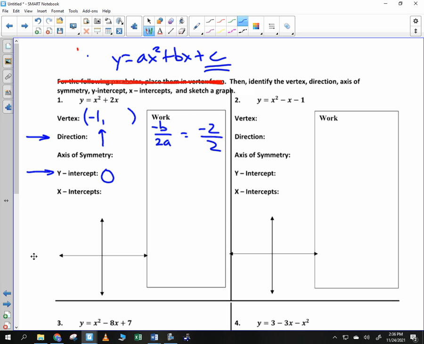So in order to get the y value, I take the x value and I plug it in. Negative 1 squared, 1 plus, what's 2 times negative 1? And 1 plus negative 2 is? Negative 1, very good.